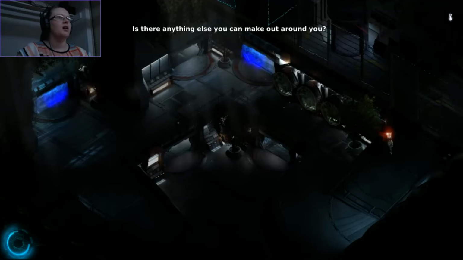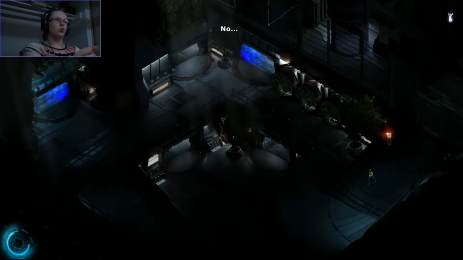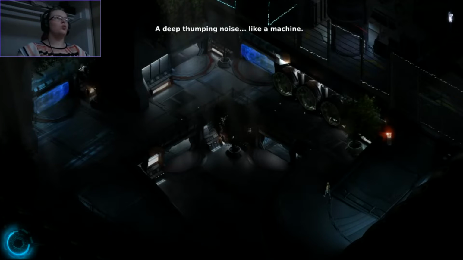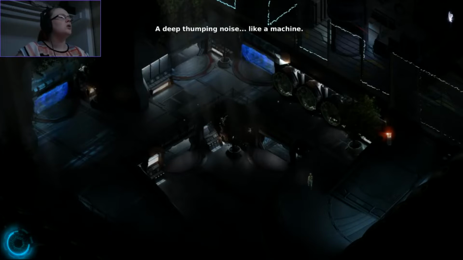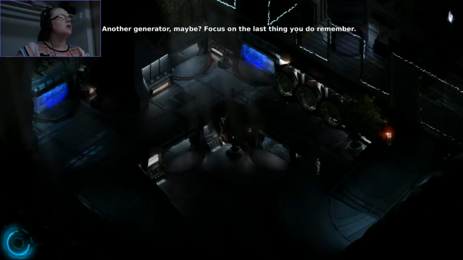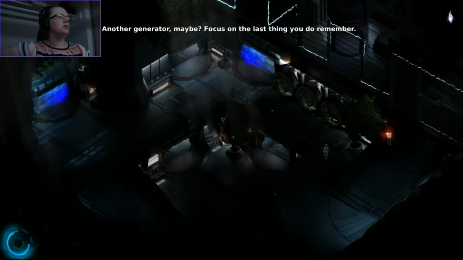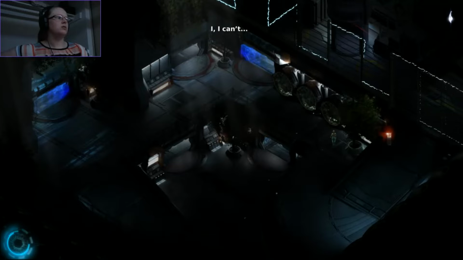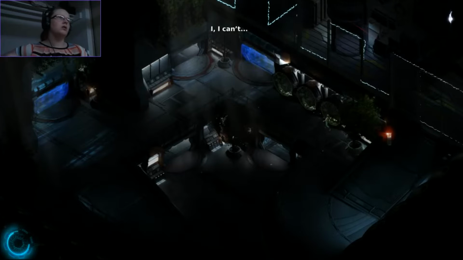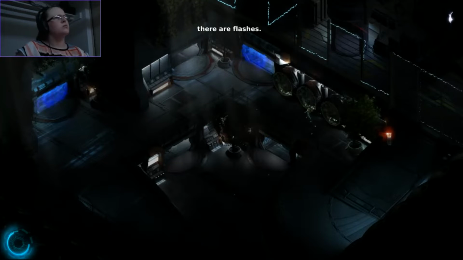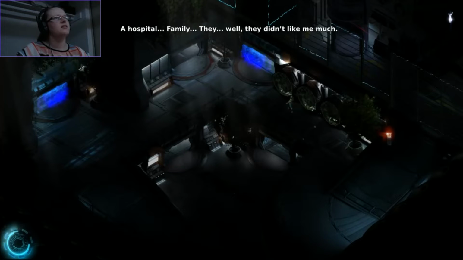Is there anything else you can make out around you? No. Deep thumping noise. Like a machine. Another generator, maybe? Focus on the last thing you do remember. I can't. There are flashes. Who is this? A hospital. Family.